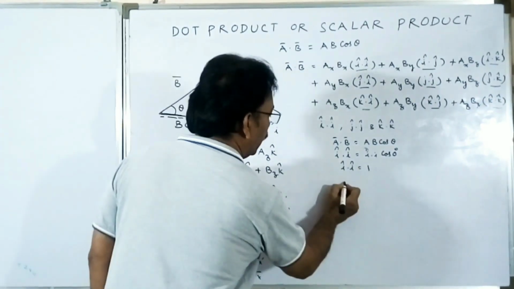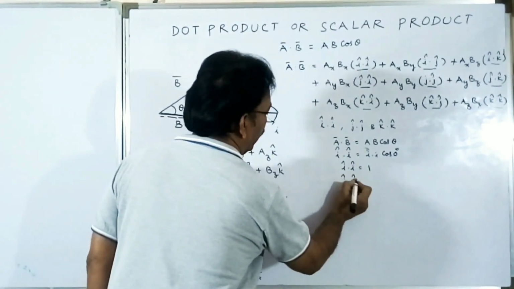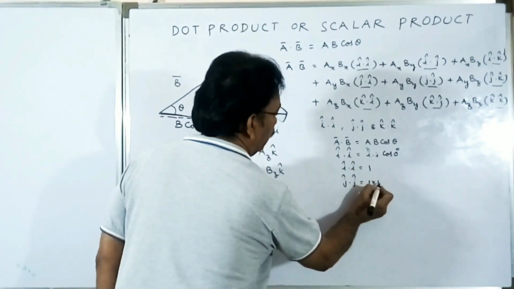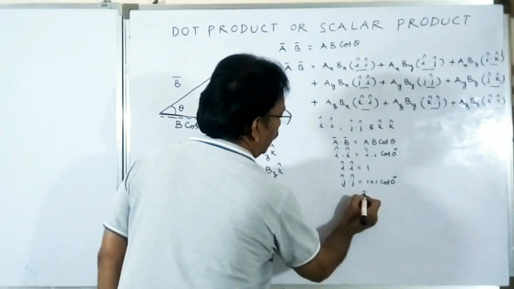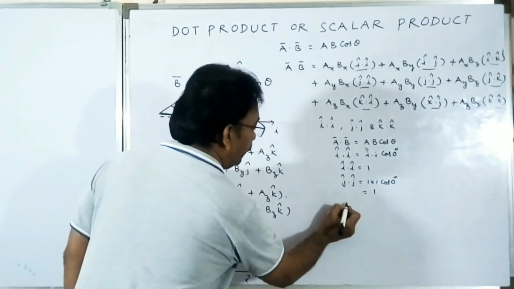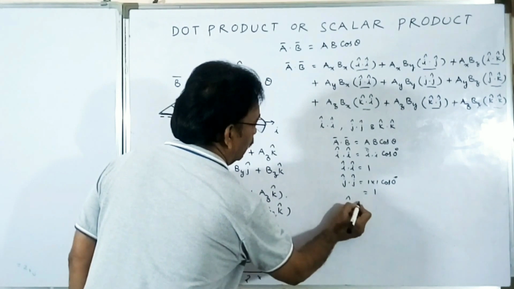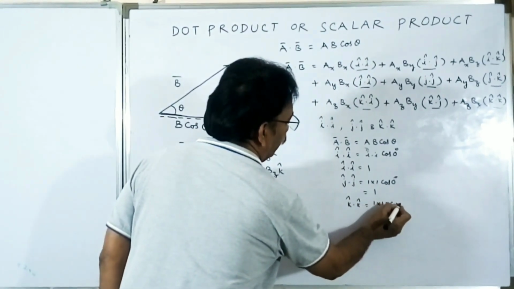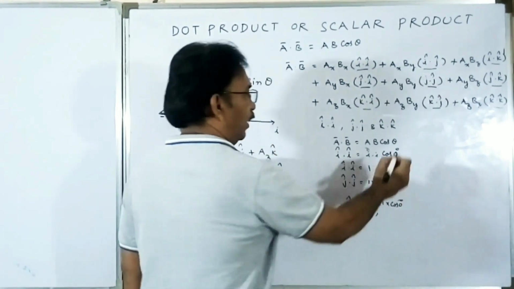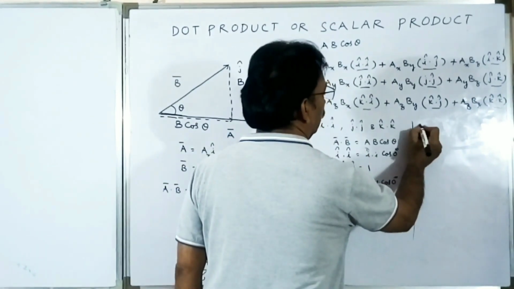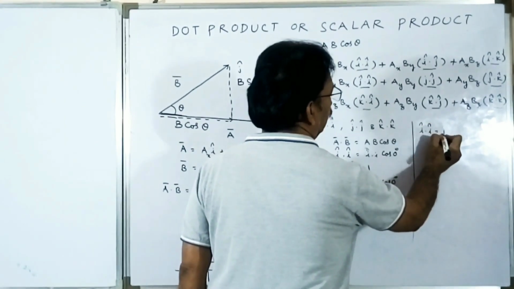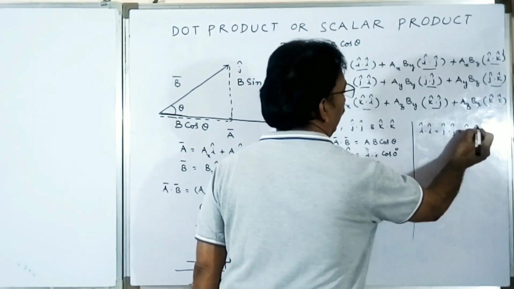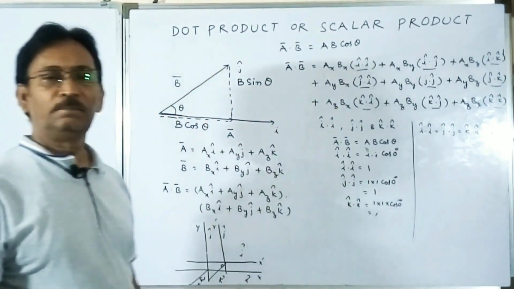In the same way, j cap dot j cap is equal to 1 into cos 0, which is 1. Similarly, k cap dot k cap is equal to 1 into cos 0, again 1. That means i cap dot i cap is equal to j cap dot j cap is equal to k cap dot k cap is equal to 1.